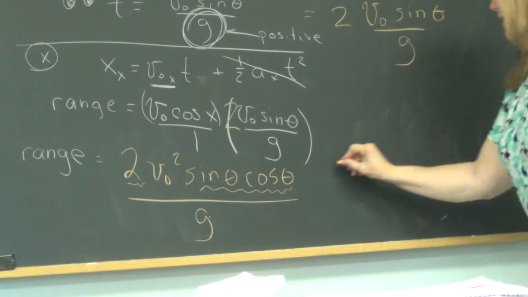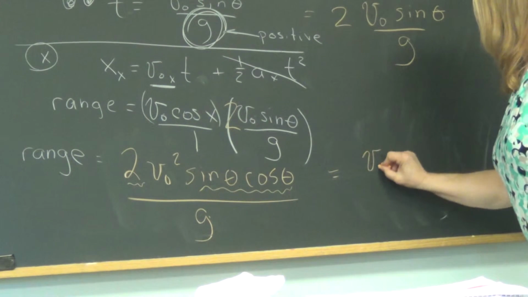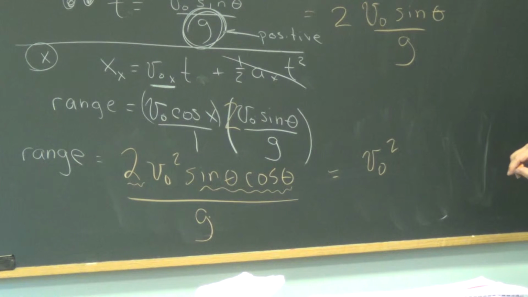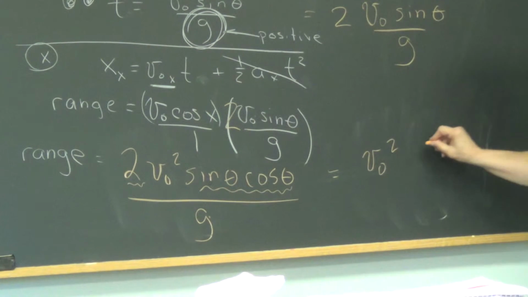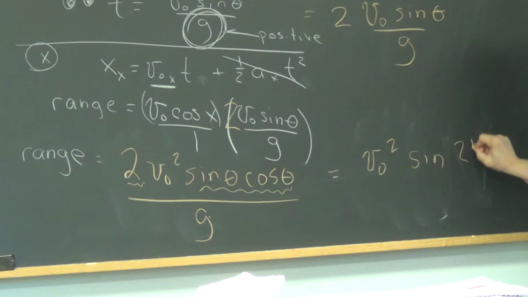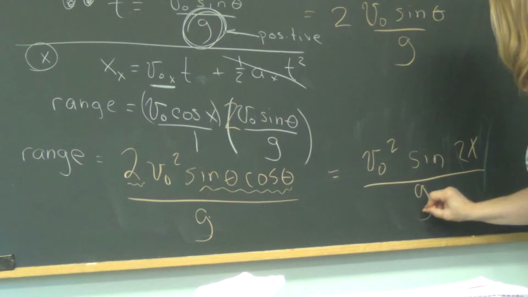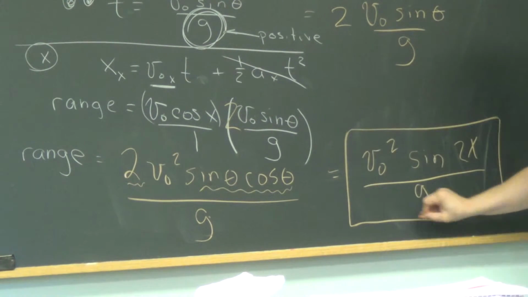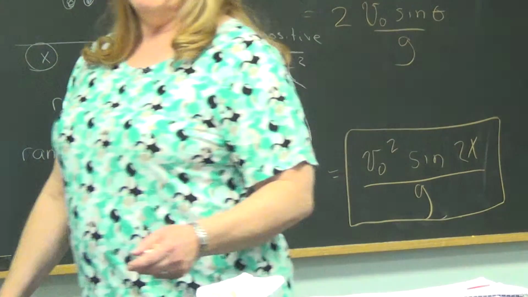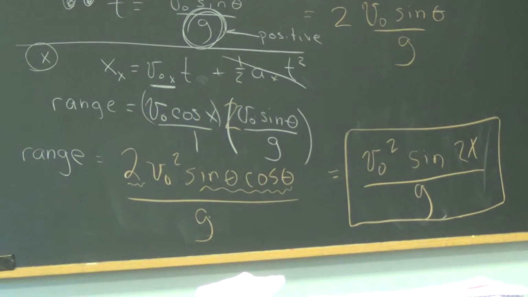So I'm going to get v sub o squared times sine of 2x over g. This is the range equation, and that's why it works.